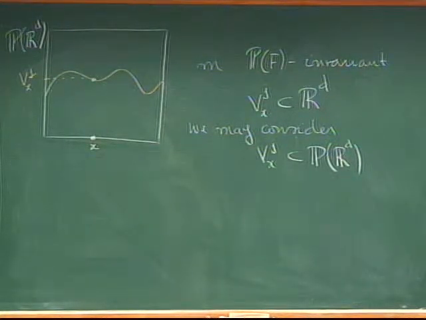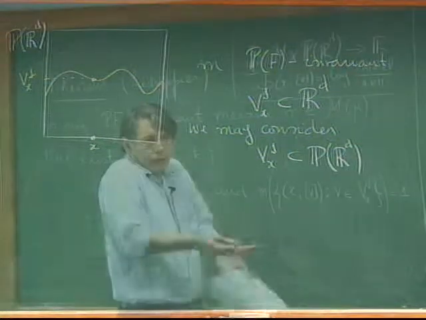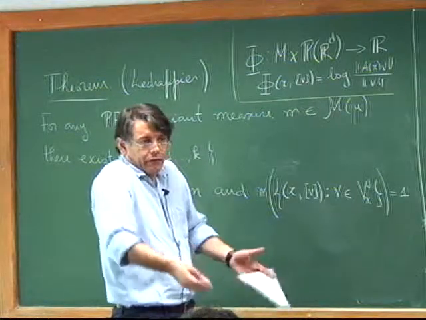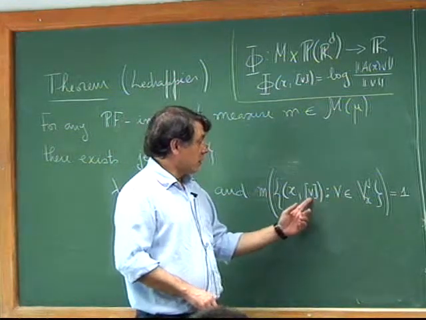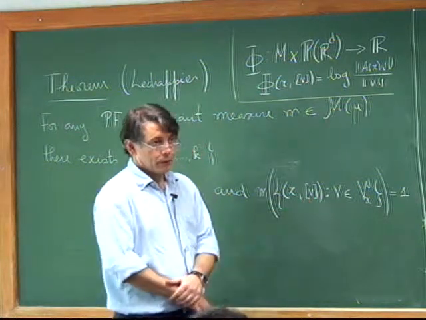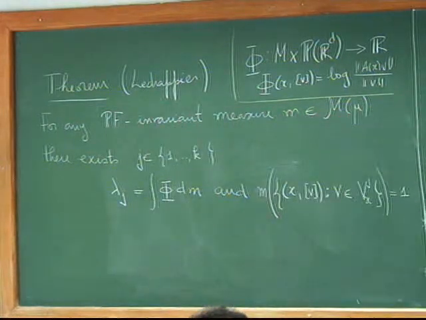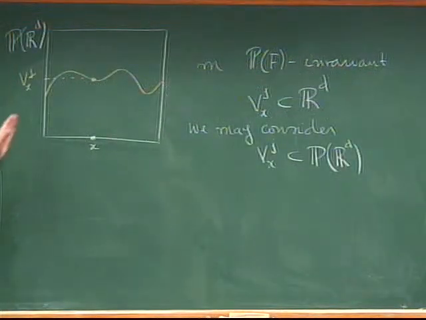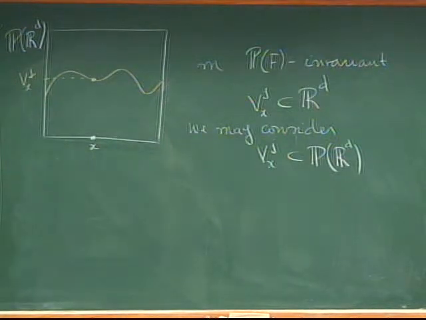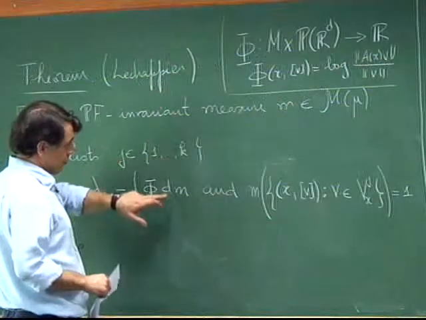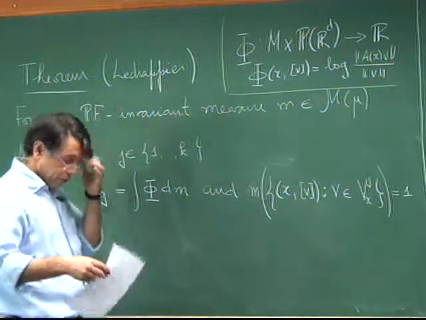A linear subspace is formed by lines, so it can be seen as a subset of the projective space. That's the reason why here I have v and here I have the line that passes through v. So what this is saying is that for any measure invariant under the linear map, it lives exactly on some V_j. This set here has full measure. And if you integrate this function with respect to your measure, you get the Lyapunov exponent.